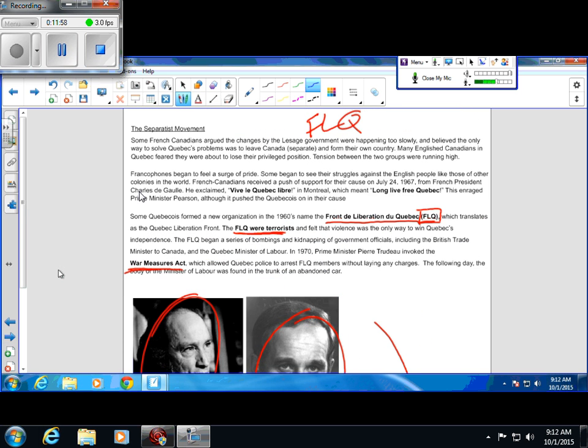So that's actually called the FLQ. Basically, Lesage promised all these changes, but the change wasn't happening fast enough, and it wasn't pleasing the French citizens.